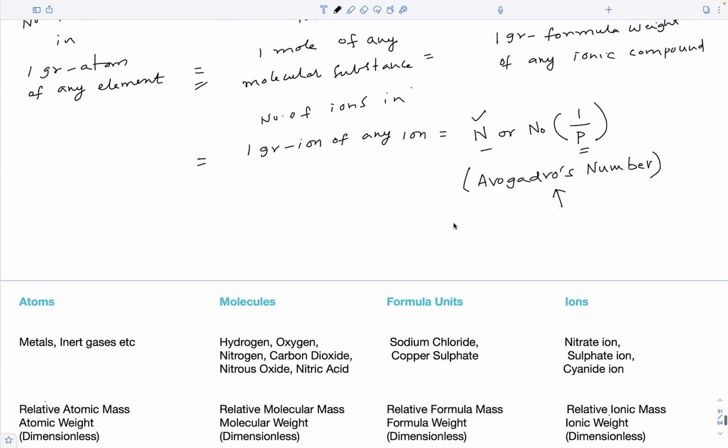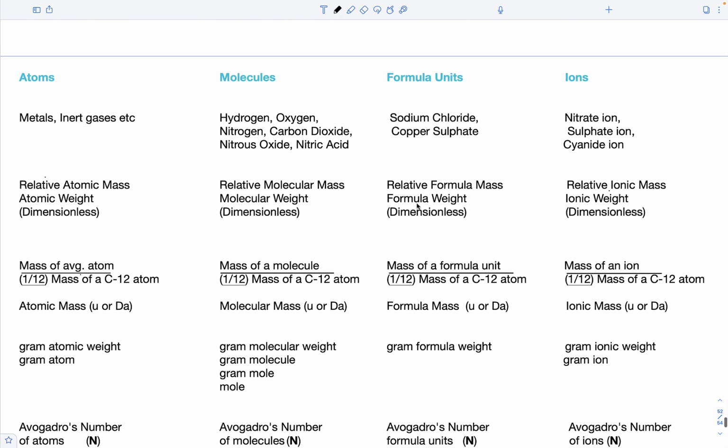Okay, here is the summary of what we have learned so far. For atoms, we have defined relative atomic mass or atomic weight. For molecules, we have defined relative molecular mass or molecular weight. For formula units of ionic compounds, relative formula mass or formula weight. And for ions, relative ionic mass or ionic weight. Remember, these are all dimensionless numbers.